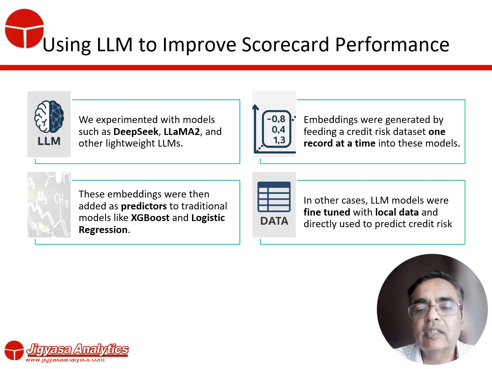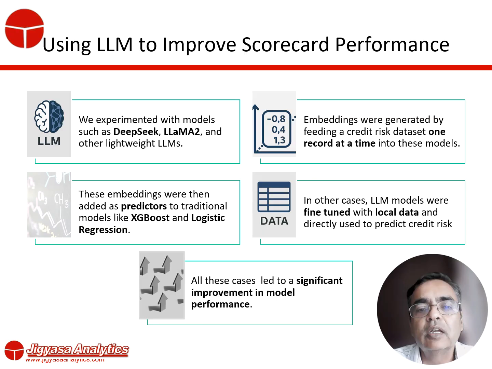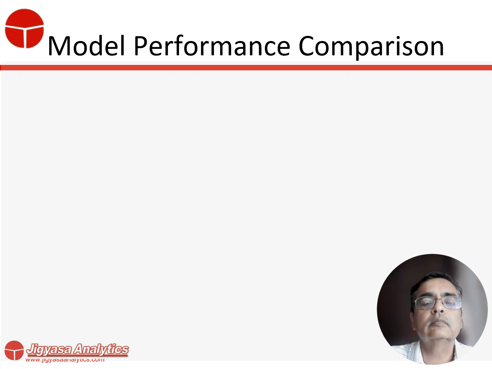In other cases, we fine-tuned the large language model with local data within our servers and directly used it to do a credit risk prediction. And in both these instances, we found there was significant improvement in the model performance.